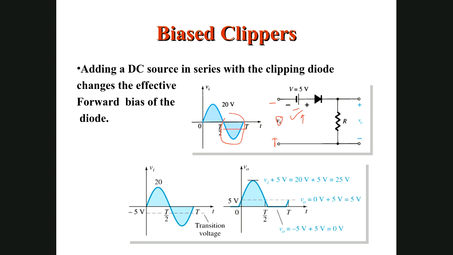Okay, and if you put KVL, your output will be VO equals to 5 minus, sorry, bad handwriting, so I'm writing it again. If you put KVL during the negative half, till the time your input is less than 5, your output will be 5 minus VI.